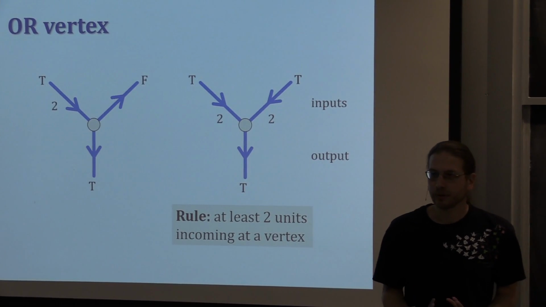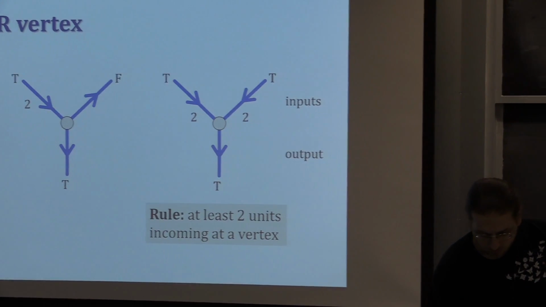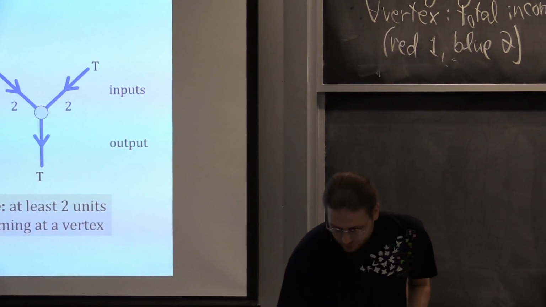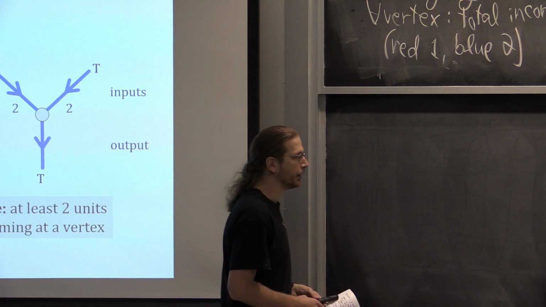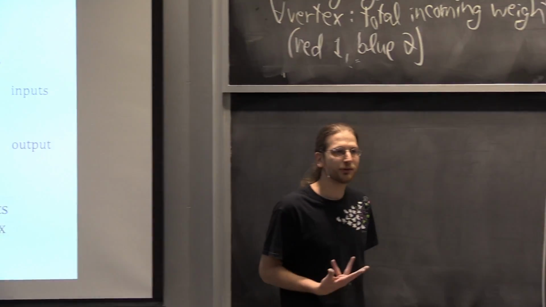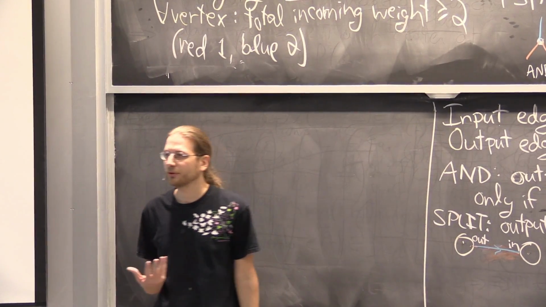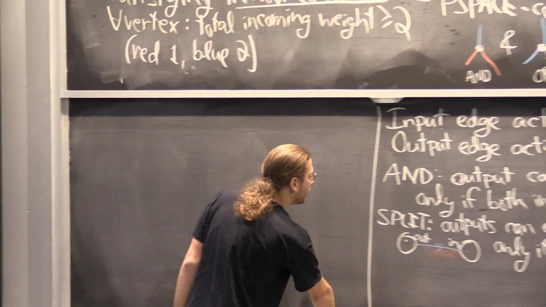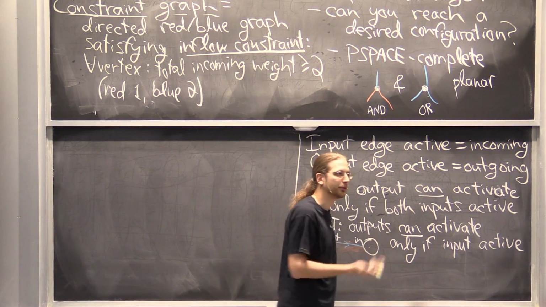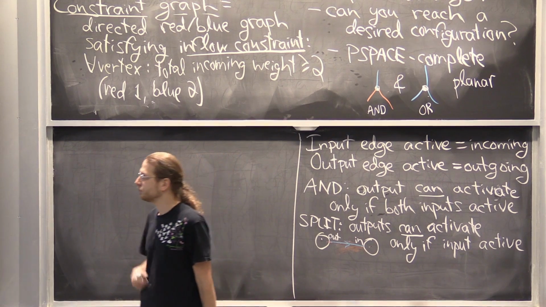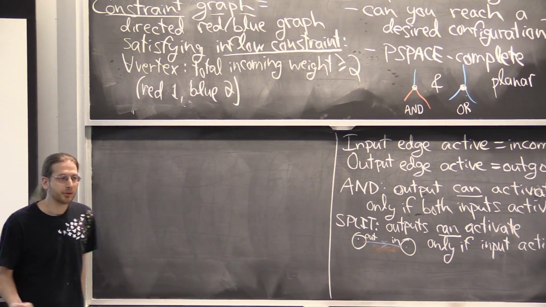You get some sense for why this is a Boolean logic. One point to make at this point is that I do not have a not gadget. And in fact, not gadgets are impossible in this universe, because we're always talking about outputs can activate, but they don't have to. It's up to the non-deterministic player to choose whether to activate an output or when to do it.